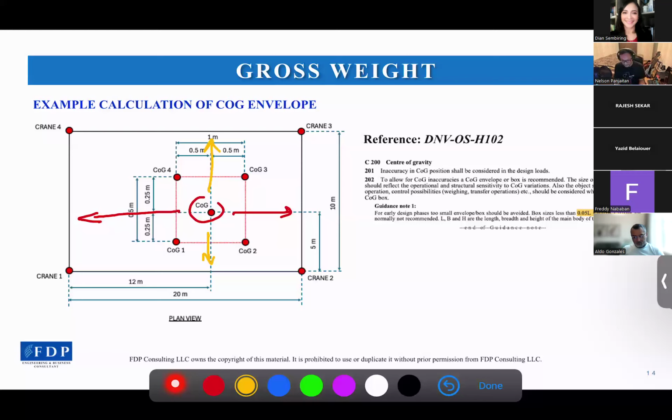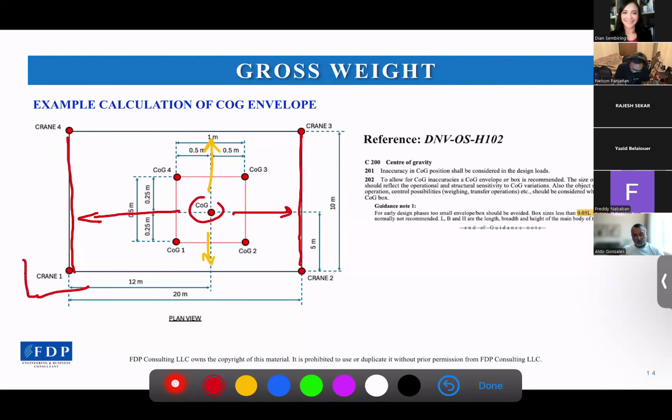But for this case, I will choose to distribute first to the left or right. So it will be cranes 1 and 4 and cranes 2 and 3.